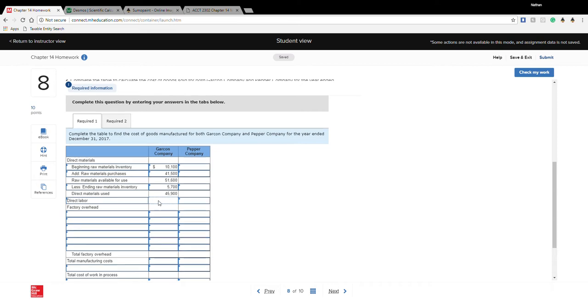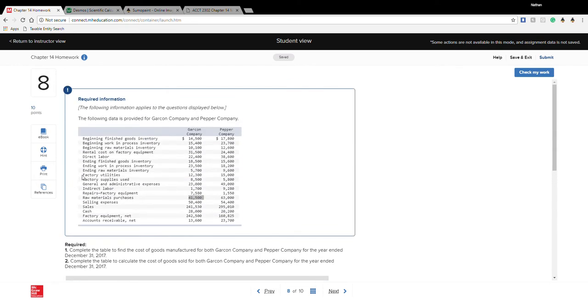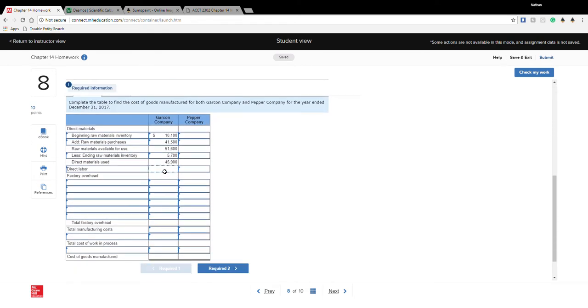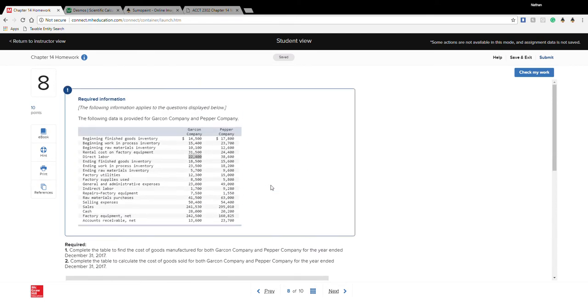So direct labor, there's only one, 22,400. Makes life easy. We don't have to actually try and figure it out. Alright, so we have 22,400. Notice that it does fill in zeros over here until we get to those numbers. Again, all you have to do is match it up for our Pepper Company also and just fill in the numbers.